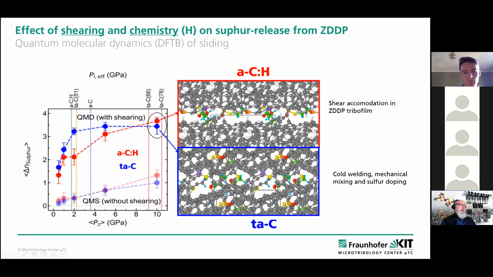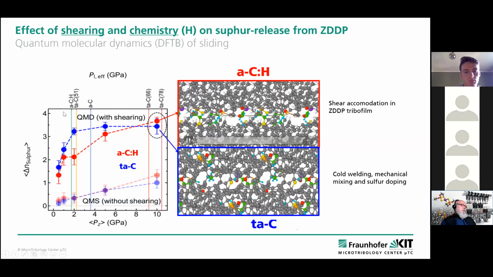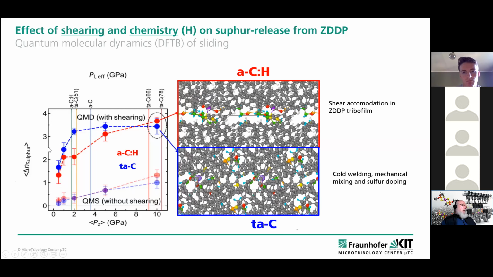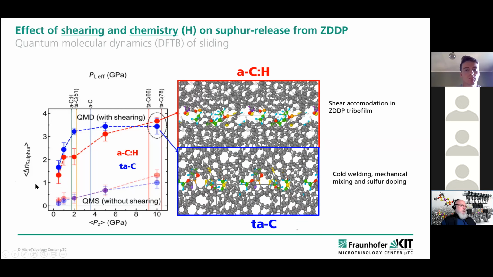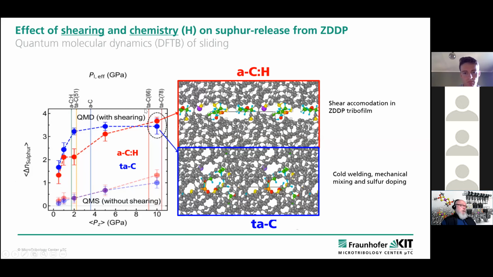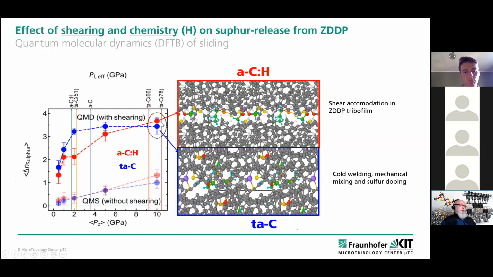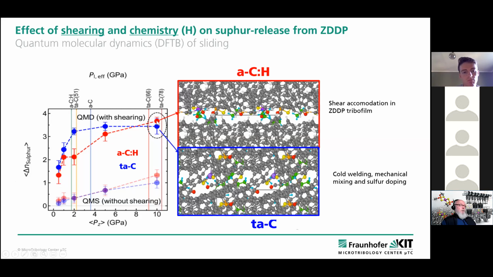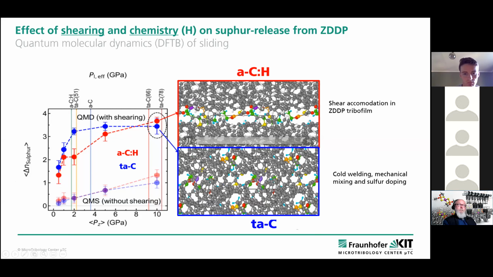So if you would simulate this for much longer, I would even believe that you could always release 4 sulfur atoms from the CDDP to the coatings. So this is, first, bad news because we cannot make any difference between the coatings for this sulfur transfer. So you always get 4 sulfur atoms from the CDDP to the coating.